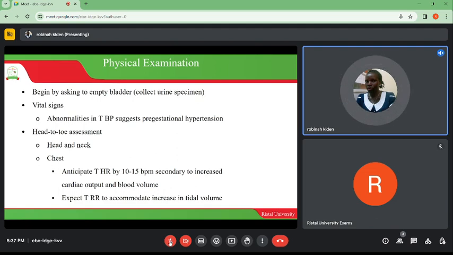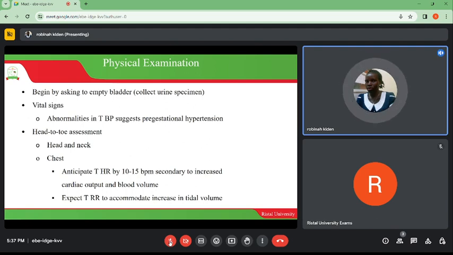In most cases, the breath per minute for someone who is pregnant is increased. Why? Because the lungs are trying to capture more oxygen to make sure that there is enough oxygen in the body, because of the increased need in the body of the mother.